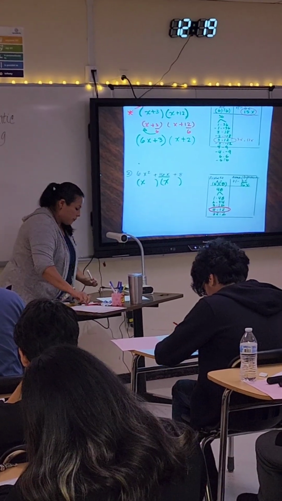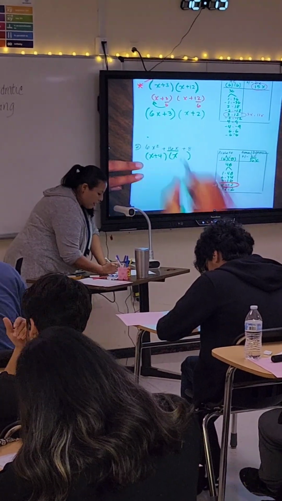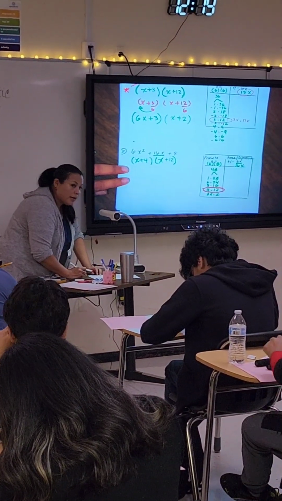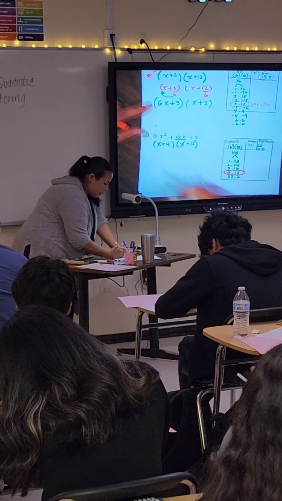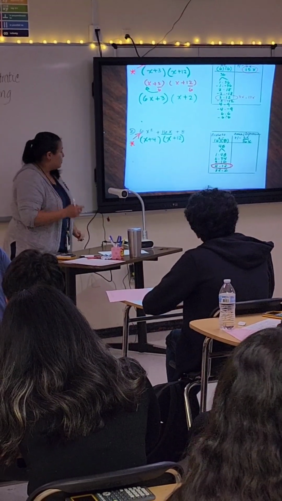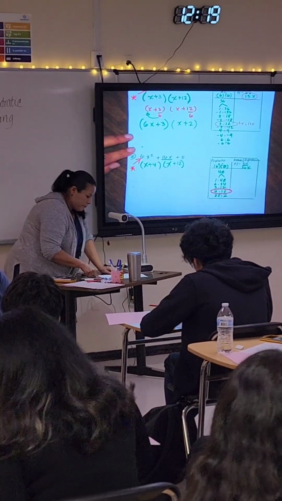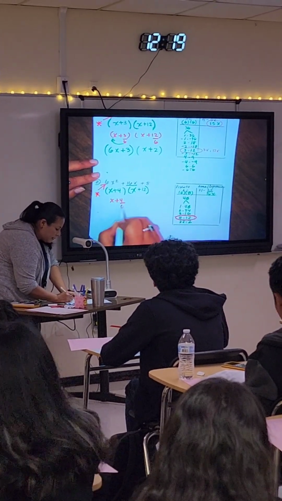Okay, so I'm going to bring it here. We have the 4, it's positive, so I put a plus. We have the 12, it's positive, so I put a plus. And again, this is a special case where my leading coefficient is not a 1, so I have to do the extra step. What is my extra step? I'm going to copy this and I have to divide it by 6.